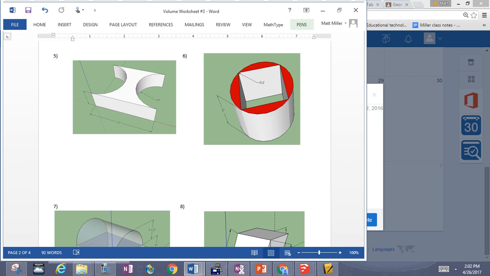Let's take a look at this guy. This is a different type of figure. It's called a composite figure.